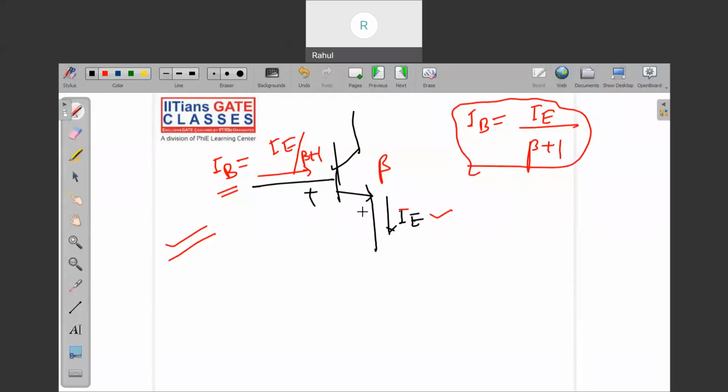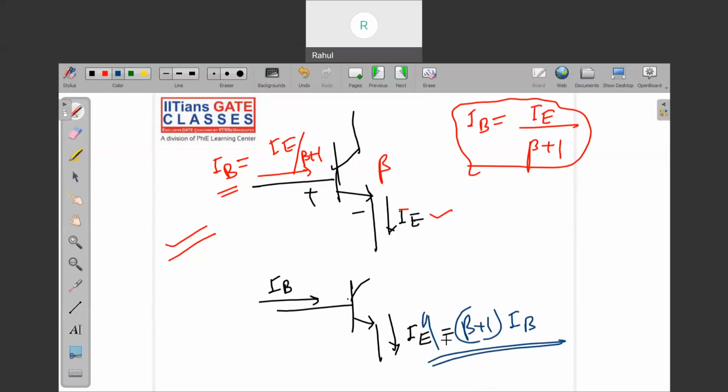Now, if you know the base current IB, what is IE here? When you have the emitter current, the current through the emitter terminal, and you compute the current through the base terminal, the current is reduced by beta plus 1: IE upon beta plus 1. Now if you have got IB, then IE will be beta plus 1 times IB, so this one is increasing.